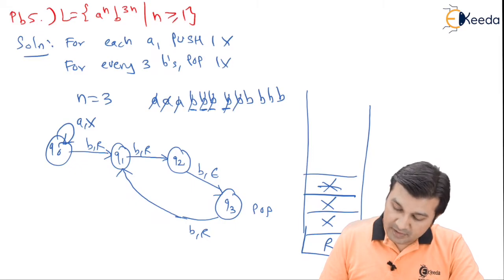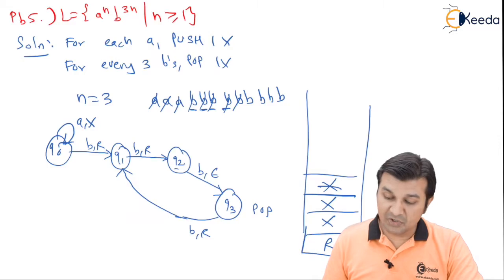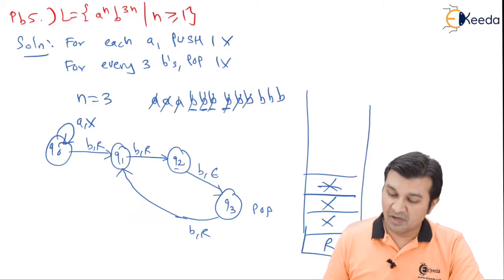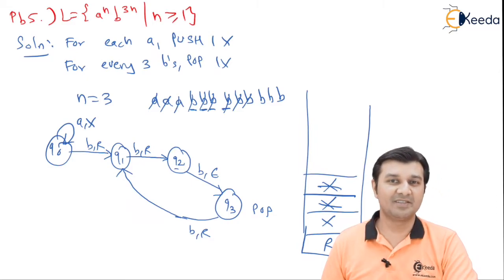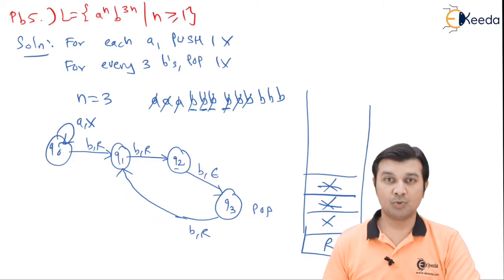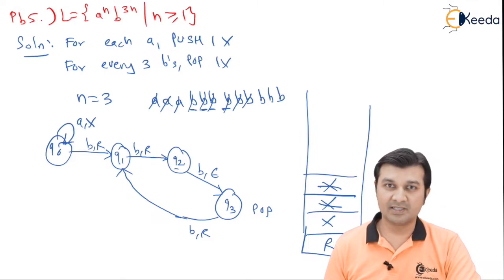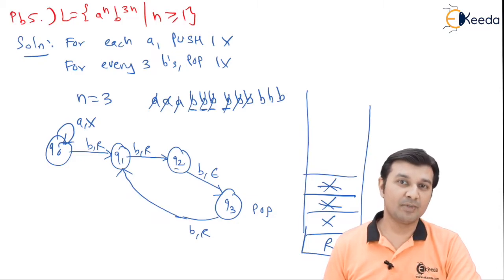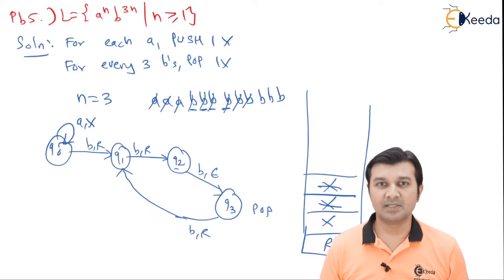In Q1 when you receive the second b, do not touch the stack and go to Q2. In Q2 when you receive the third b, perform the pop operation and go to state Q3. As simple as that. So instead of adding two more states, I have reused the available two states. So I have saved on the states, I have saved on the memory. So the machine is going to save on the memory, and that's how the machine is going to be more efficient in terms of space complexity.